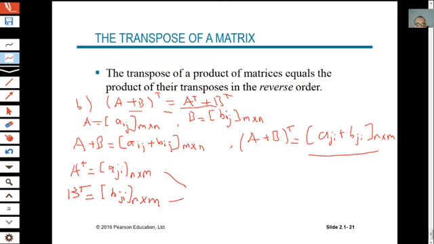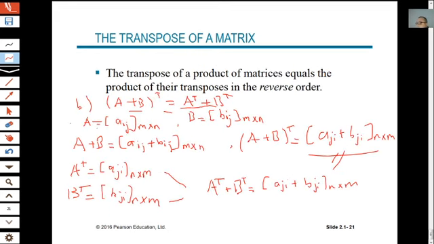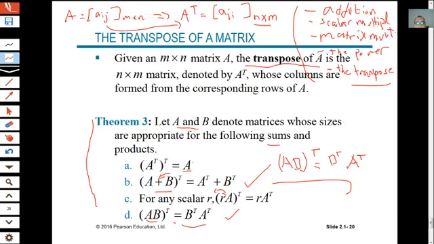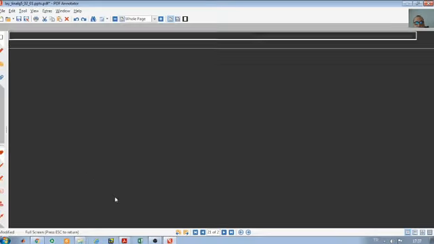So the addition of them, A transpose plus B transpose, is equal to the addition of the corresponding entries, Aji plus Bji, n by n. So we have the same result for them, which means that we have the second property. This is the proof of the second property. Similarly, you can prove the other properties written in theorem 3. Thank you very much for your listening.